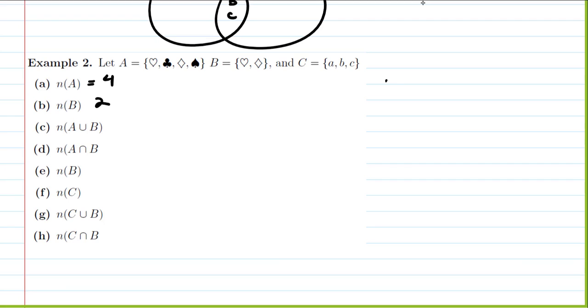Well, A union B is going to be all the stuff that's in A or the stuff that's in B. But everything that's in B is also in A. So A union B is just going to equal A. So it's going to be heart, club, diamond, and spade.